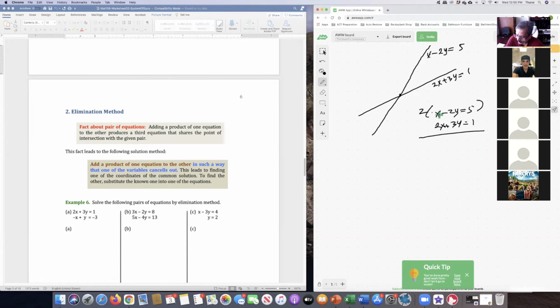I'm adding the two equations after multiplying by 2. That gives me 4x minus 4y plus 3y, minus 1y, equals 10 plus 1, 11. This is the new equation I get. I'm just illustrating the idea. I have a new equation, right? This new equation, if you graph it, it will go through that same point of intersection. That is the fact.